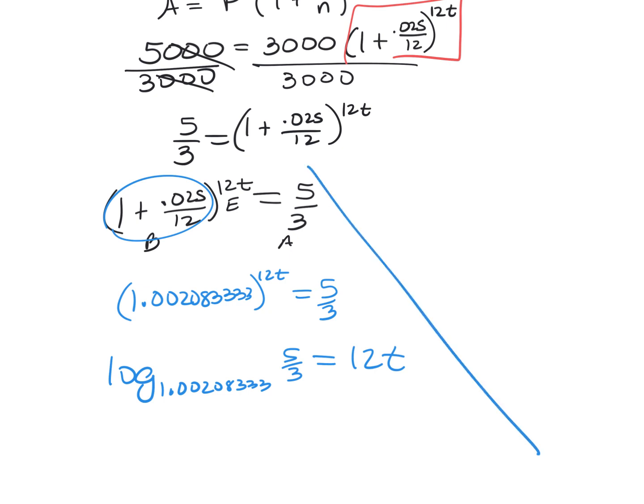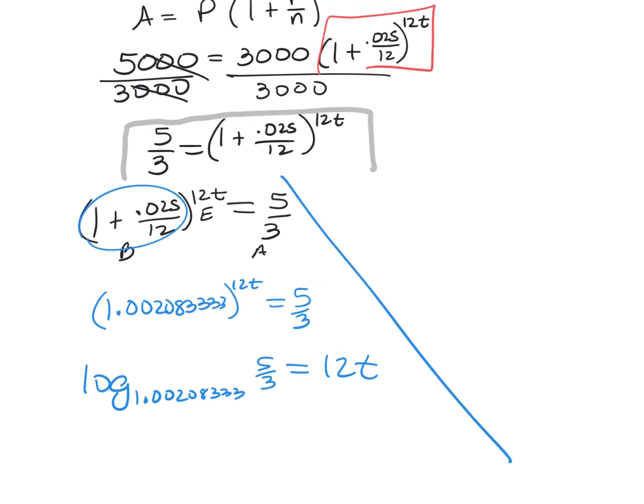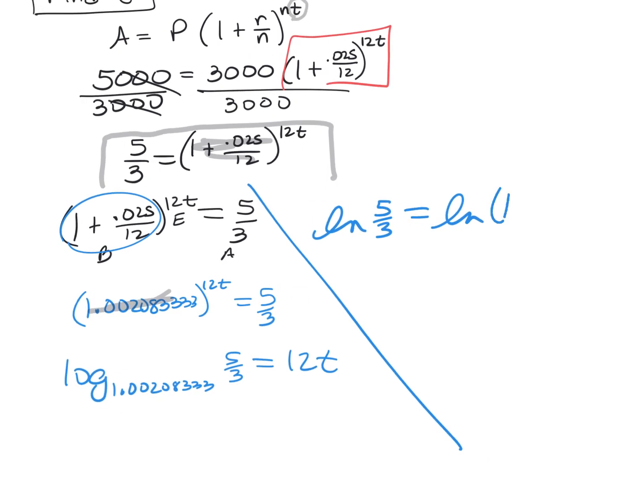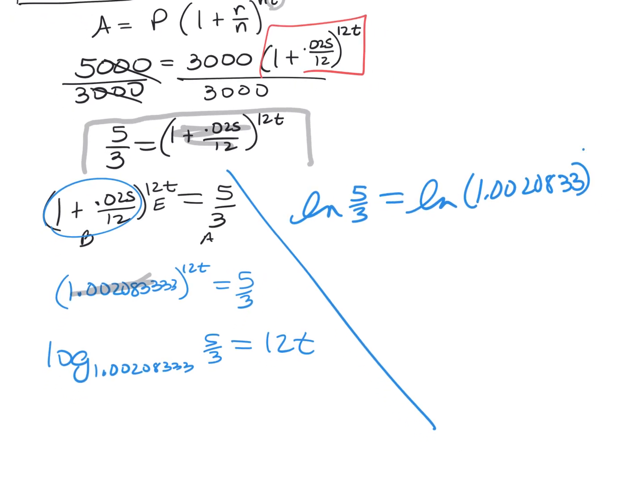The other way would be to take this and we're going to add ln to both sides. So what we would do is ln of 5/3 equals ln of this crazy long decimal. So once I did this, I'm doing natural log of 1.00208 repeating, and then that's raised to the 12t power.